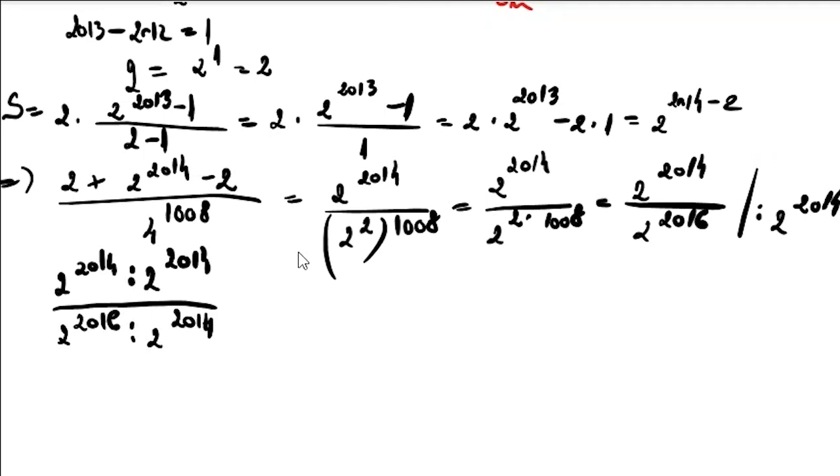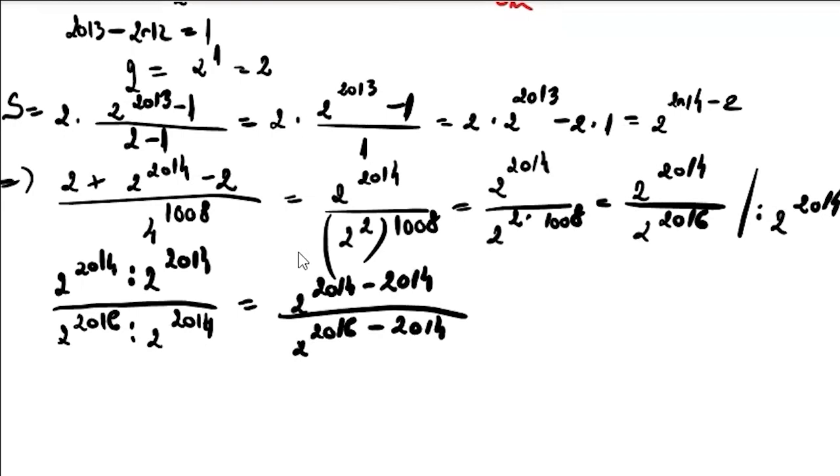So we have furthermore 2^(2014-2014) over 2^(2016-2014), which equals 2^0 over 2^2, which equals 1 over 4.